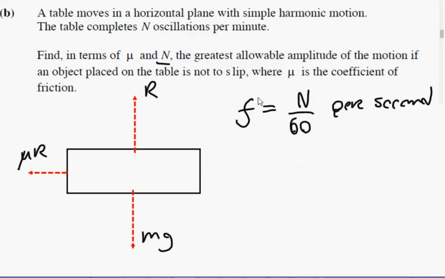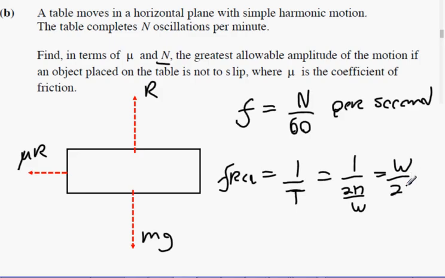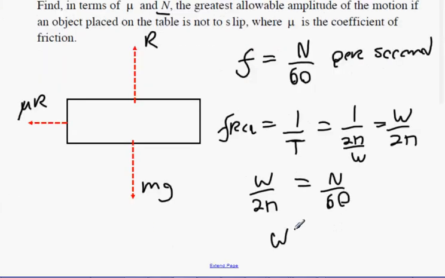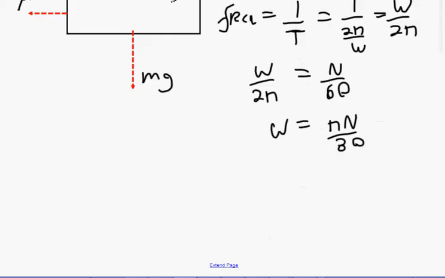What I meant to get is frequency is 1 over the period, and 1 over the period is 1 over 2 pi over omega, and that will give me omega over 2 pi. Okay, so omega over 2 pi has to equal n over 60, and that means that omega equals n pi over 30.